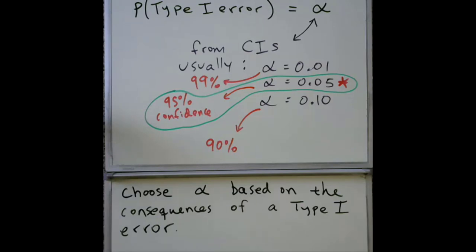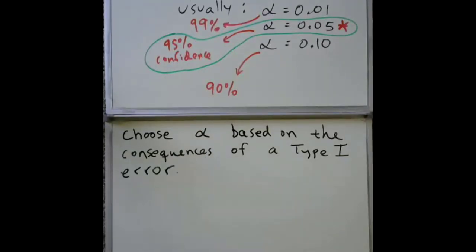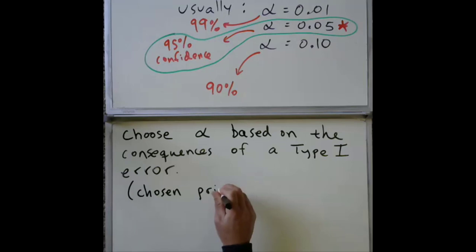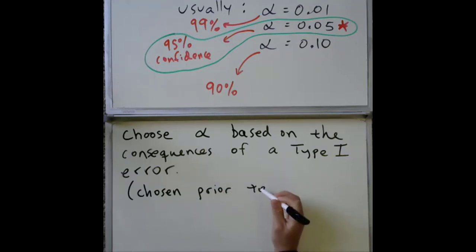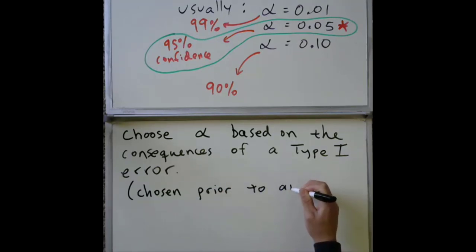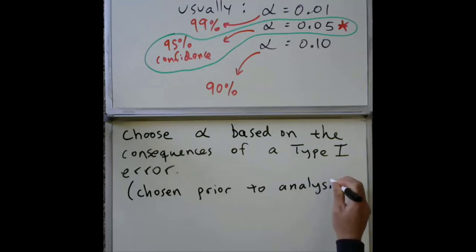We're going to discuss some of those consequences shortly, and before we do so, I want to mention that alpha should be chosen prior to any analysis, sort of in the hypothesis stage, because you don't want to bias your results.